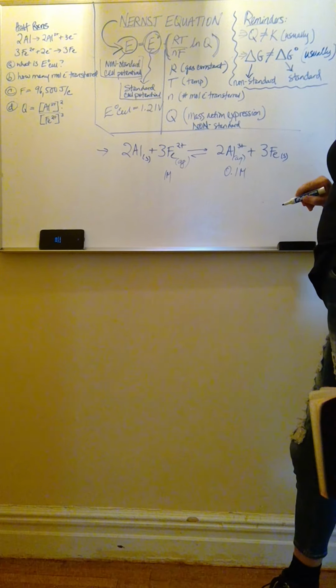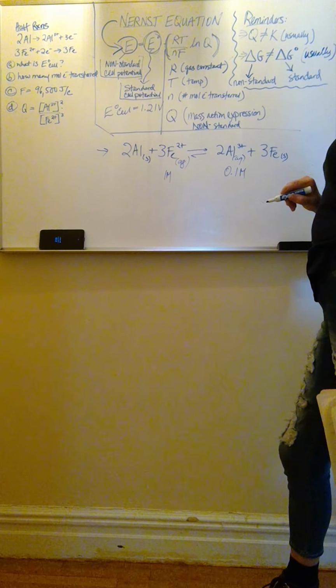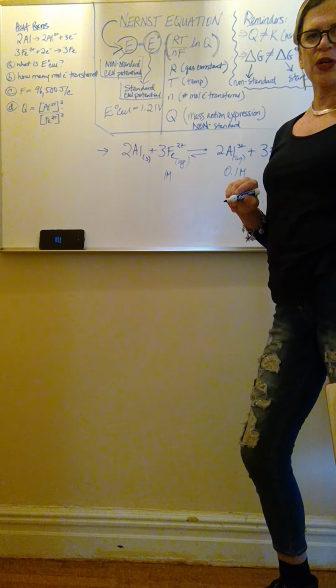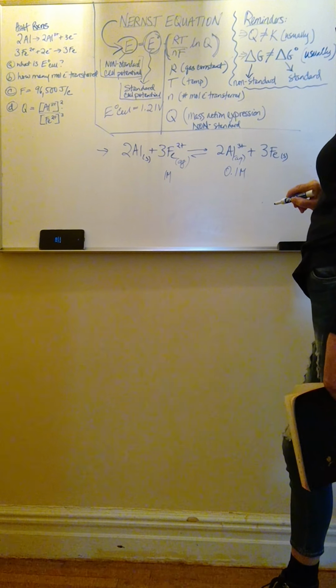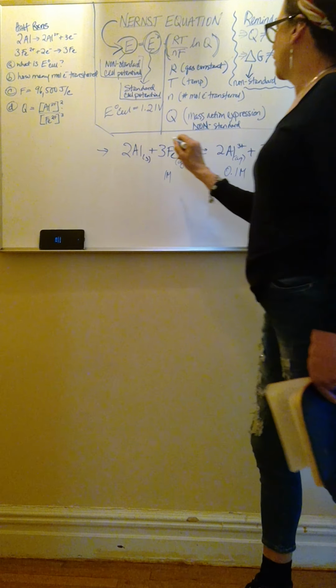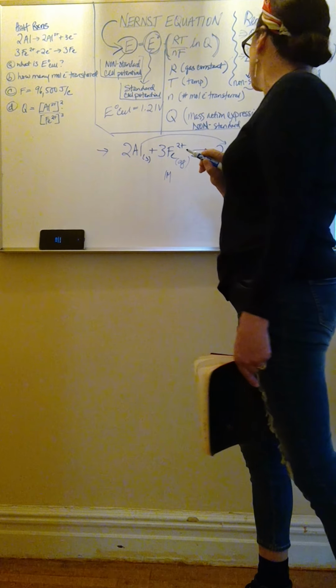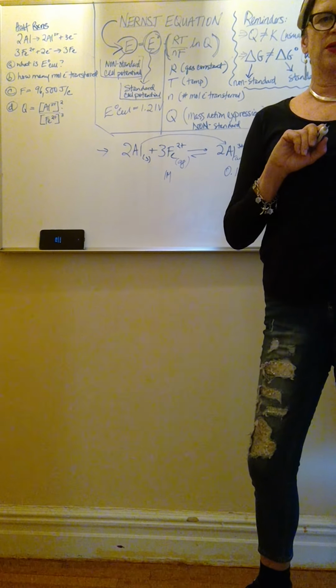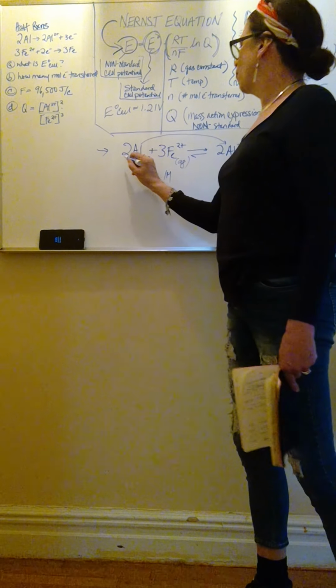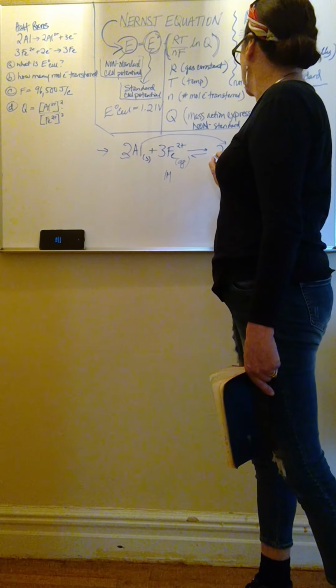Okay. How many moles of electrons are being transferred in this here reaction? Well, if you think about it, if aluminum is oxidized to Al3 plus, that would be 3 moles of electrons. However, we have these stoichiometric coefficients.